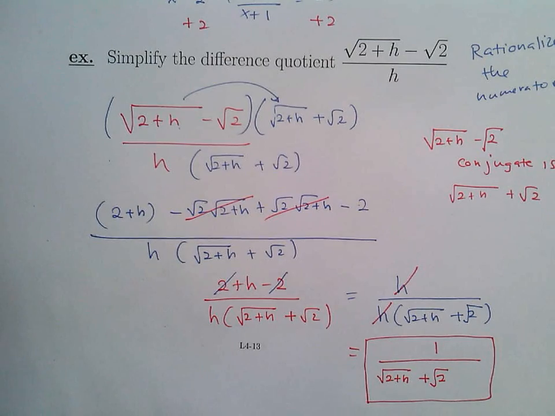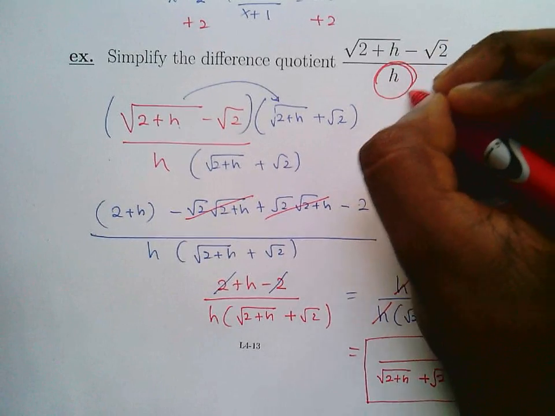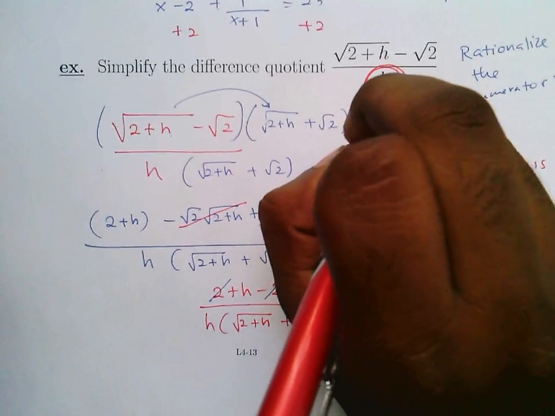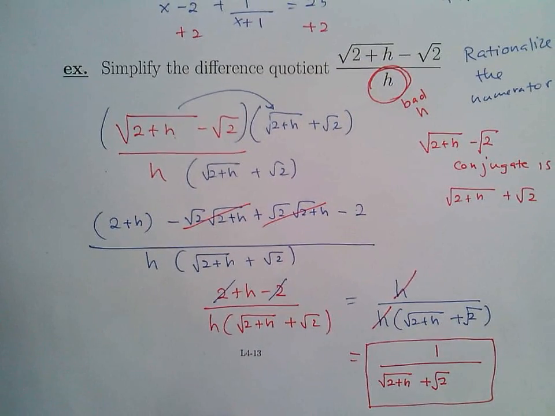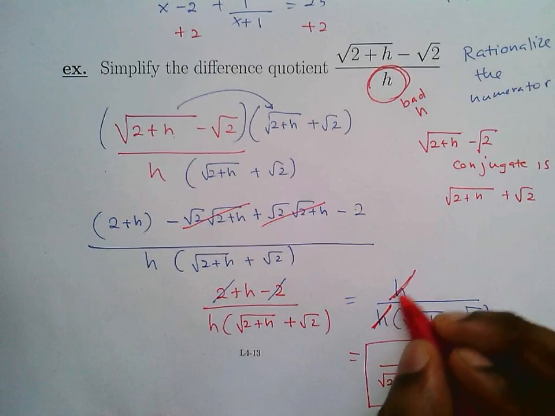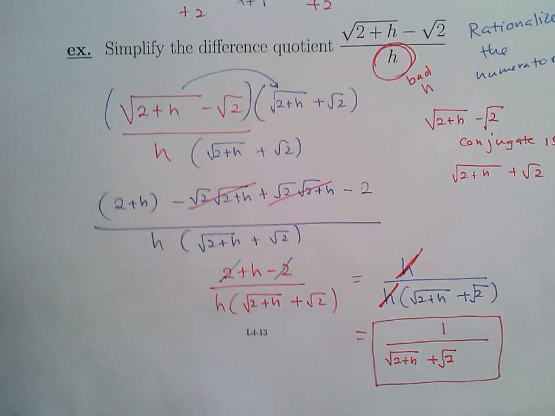Whenever we ask you to simplify a difference quotient, this guy is called the bad h, and you need to simplify the question until that bad h gets canceled off, and that was right here. So once you do that, you get the final answer.